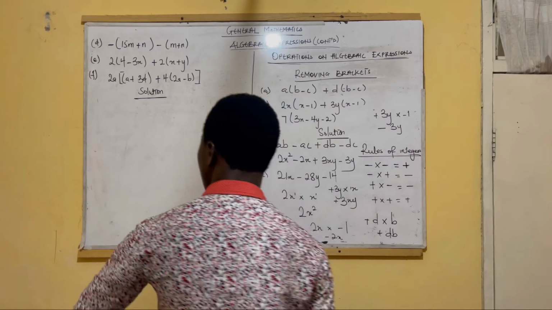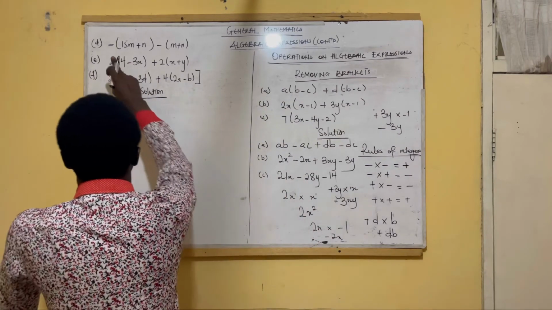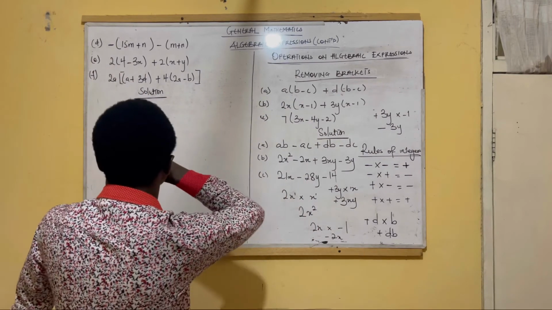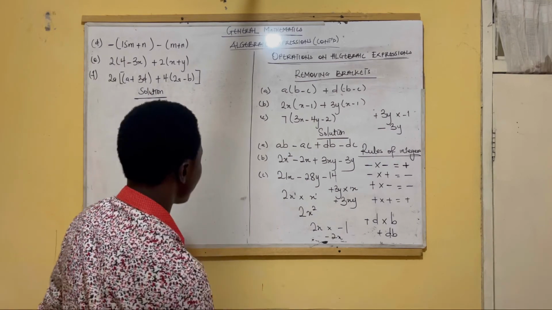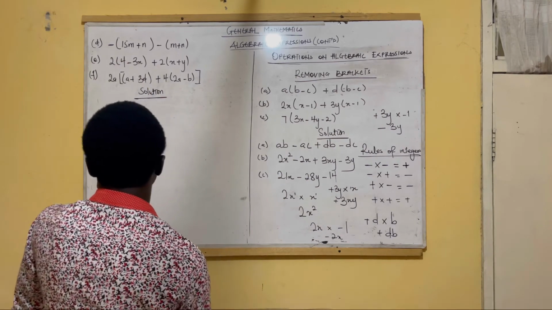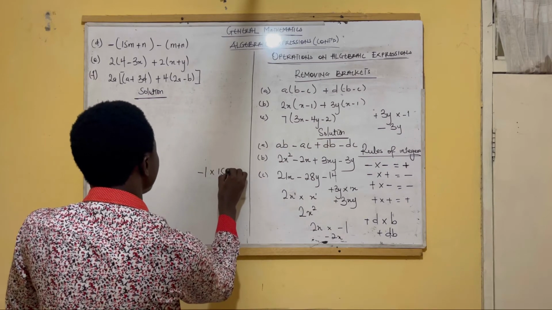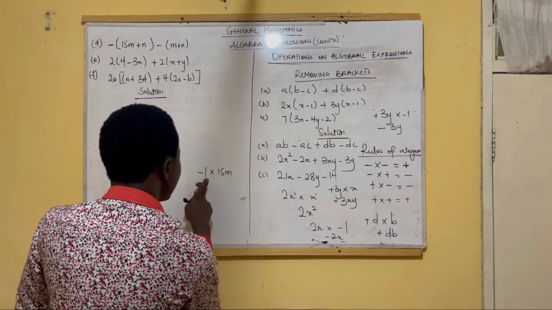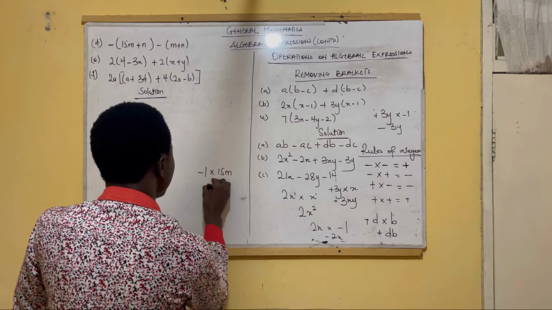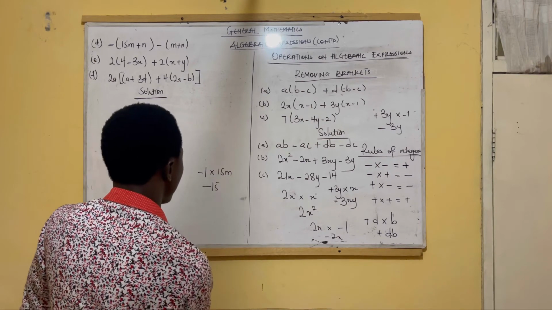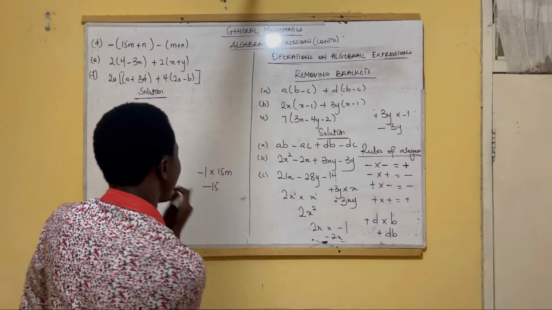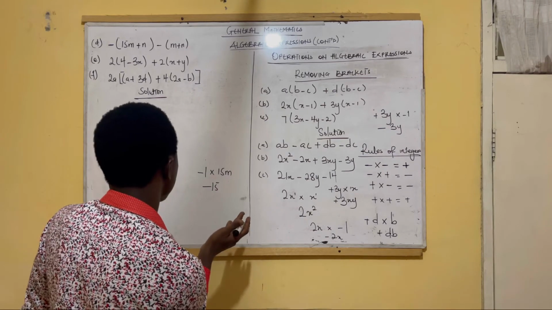Okay, so with this one, what is outside the bracket is negative 1, okay? So you're having negative 1 times 15m. The negative 1 times 15 will be negative 15. Okay, negative multiplying a positive number, negative is always dominant.